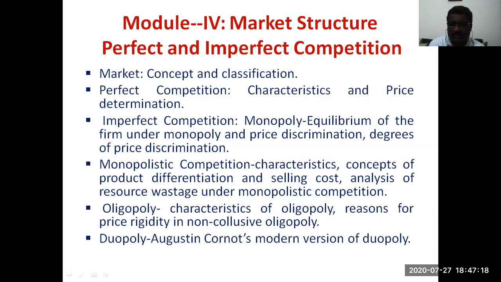Cournot's version of duopoly only is included in this syllabus. Due to the burden of the syllabus, there are a number of other topics in perfect and imperfect competition with respect to different types of markets, but the main topics are included in this module.